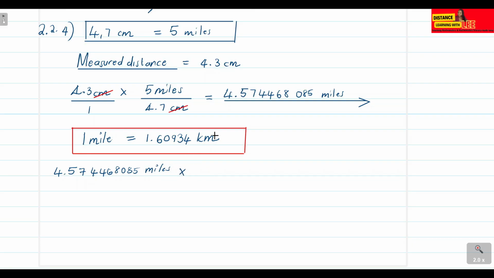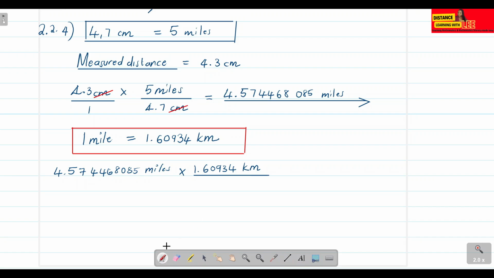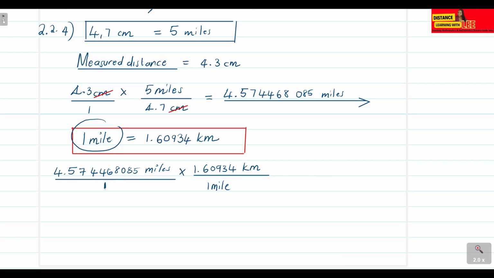So I'm going to multiply it by 1.60934 kilometers, then divide by 1 mile. The units for miles cancel, and you will be left with the units in kilometers.